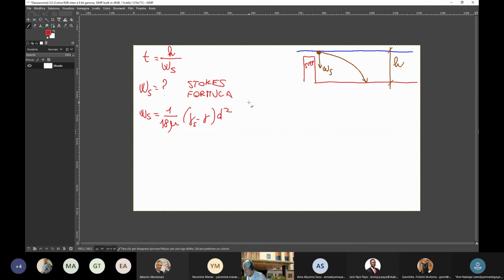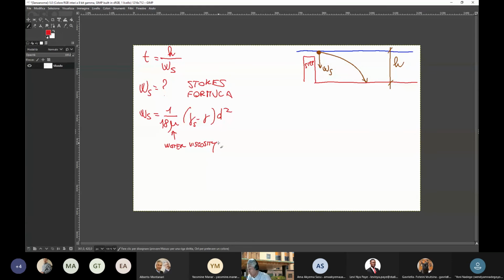Now, D is the diameter of the particle. Gamma S, remember this, gamma S is the specific weight of the particle, gamma is the specific weight of water, and mu is the water viscosity.